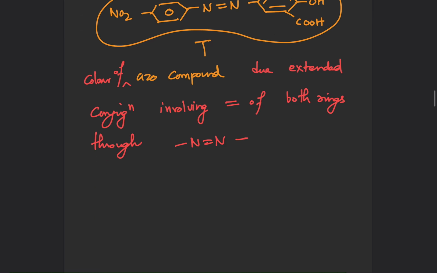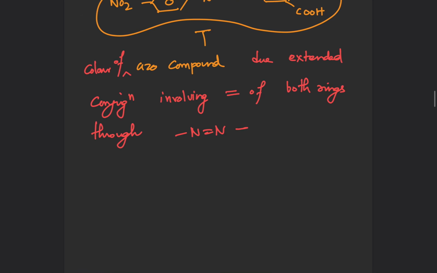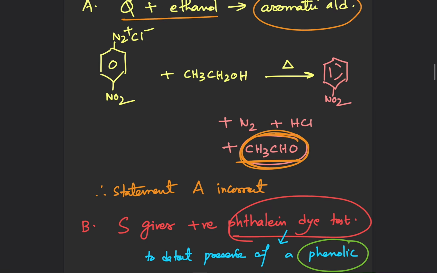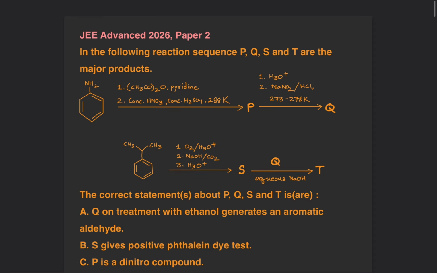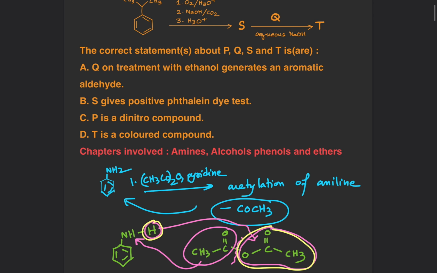Okay, so therefore D, which says that T is a colored compound, is a correct statement. Okay, so therefore, the final answer is B is a correct statement and D is a correct statement. Okay, so B and D are the correct answer. Okay, thank you.